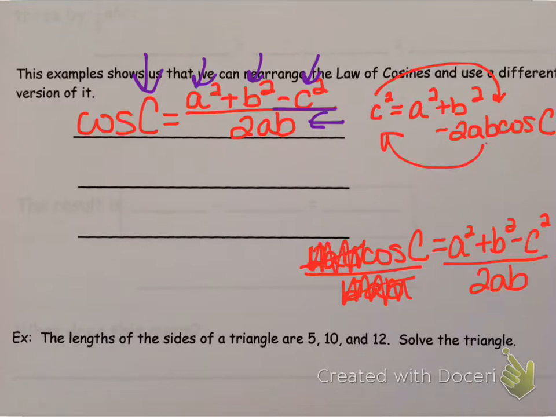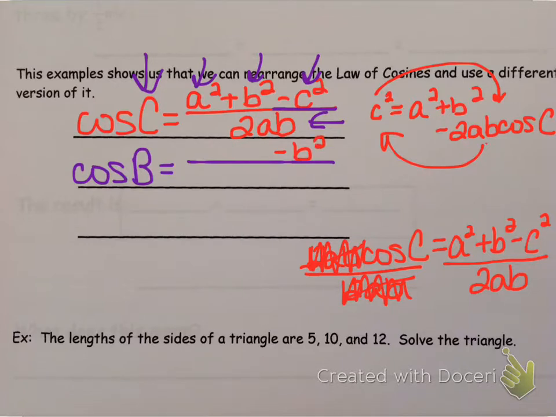Now once again, what that means is that there are other versions of it. Let's say I had named my triangle differently, or I was solving for one of the other angles. If I want to solve for angle B, so cosine of B, that means the only place in the whole identity where I use side B is at the tail end of the numerator as the subtraction part.